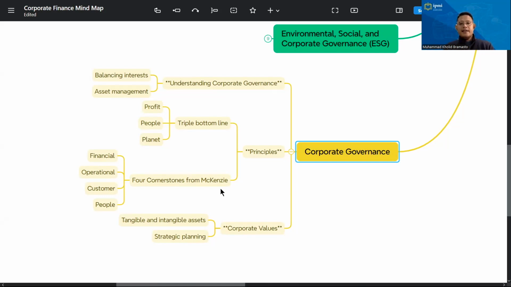Then corporate value, the guiding principles that shape a company's culture and decision making. This can be tangible or intangible. Tangible, as we know, is such as innovation and quality. Intangible, for example, is like integrity and collaboration.